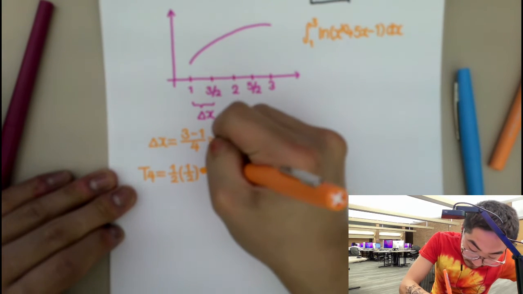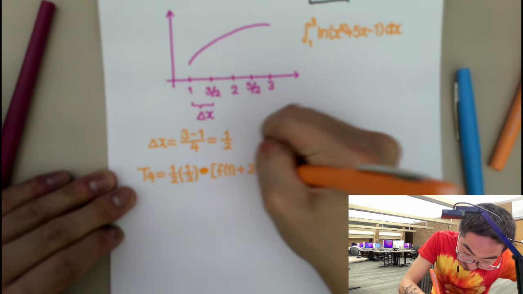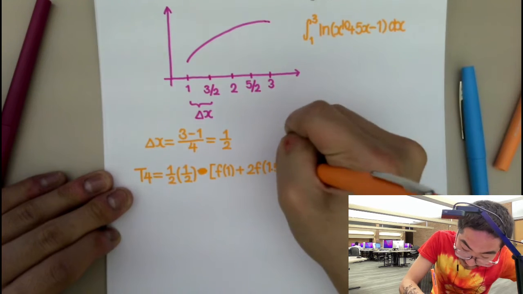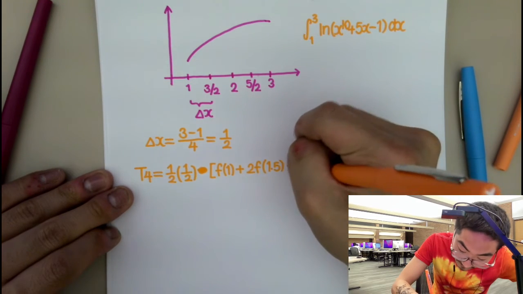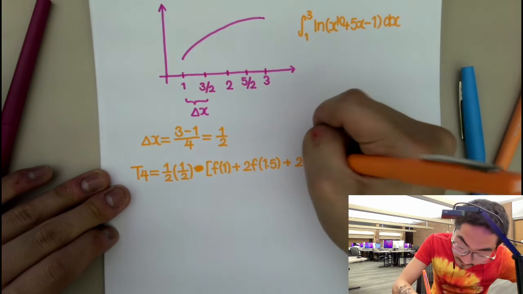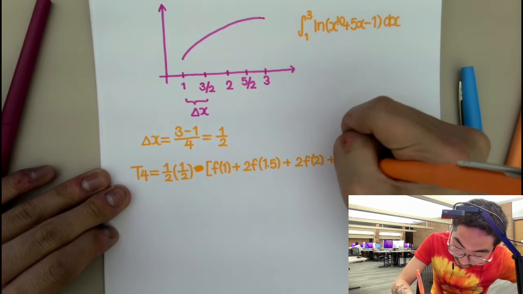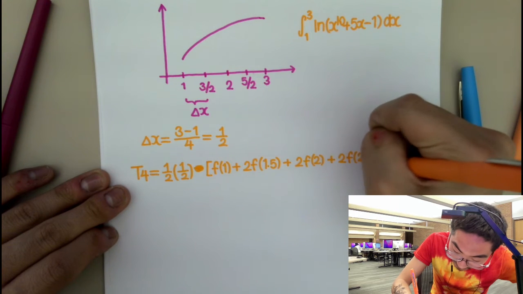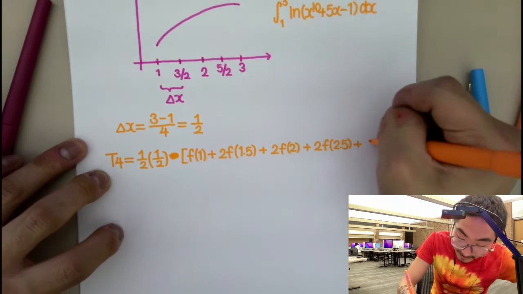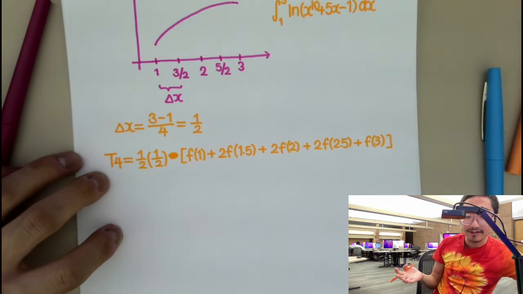So it's going to be f(1) plus 2f(1.5) plus 2f(2) plus 2f(2.5) plus f(3), including all the points here.